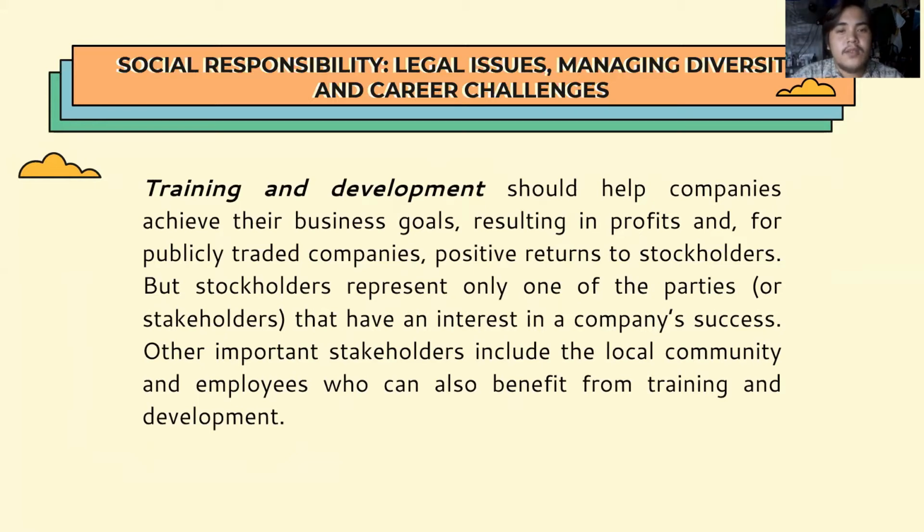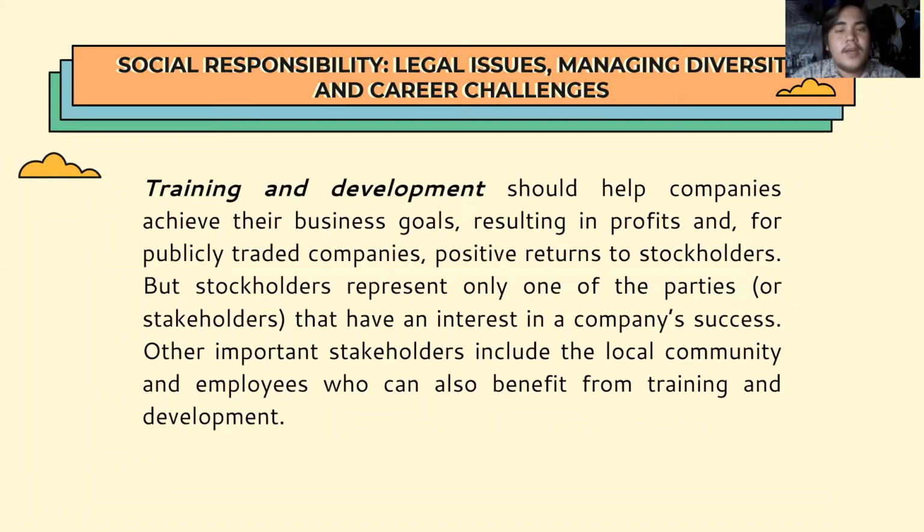But stockholders represent only one of the parties or stakeholders that have an interest in a company's success. Other important stakeholders include the local community and employees who can also benefit from training and development.